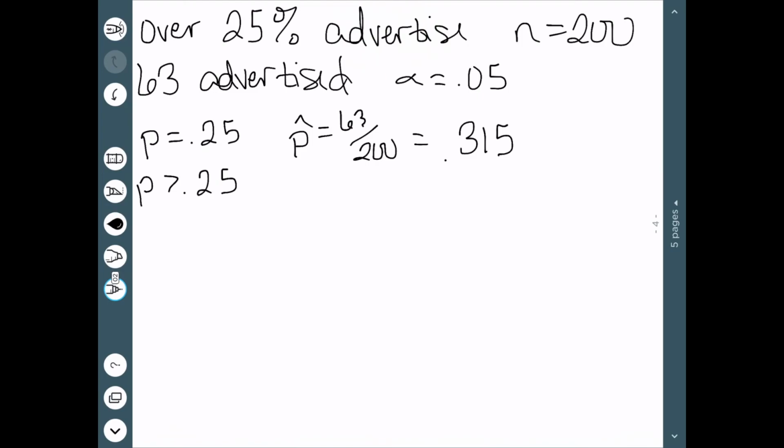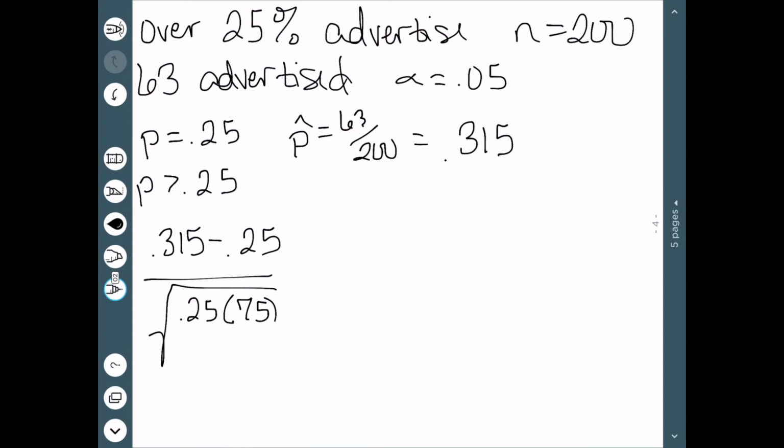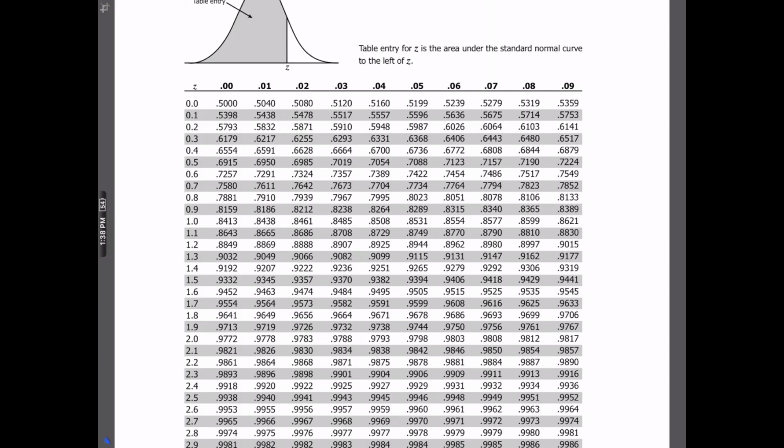So my test value is p hat, 0.315, minus p, 0.25, over the square root of p times q, which is 1 minus p, or 0.75, over n, my sample size. And that gives me a value of roughly 2.12. And now I need to look that value up in my z-table. Looking at my z-table, we go down to 2.1 and over to 2 to get 0.9830.